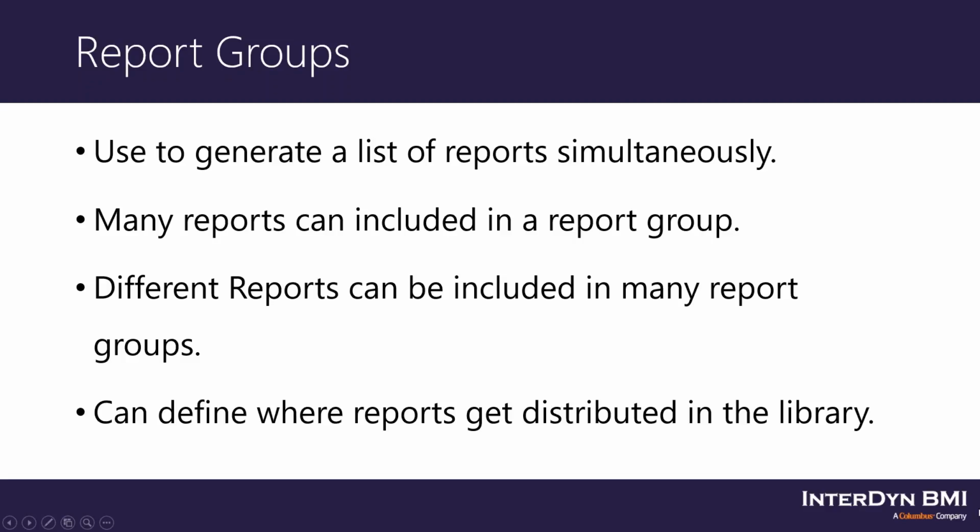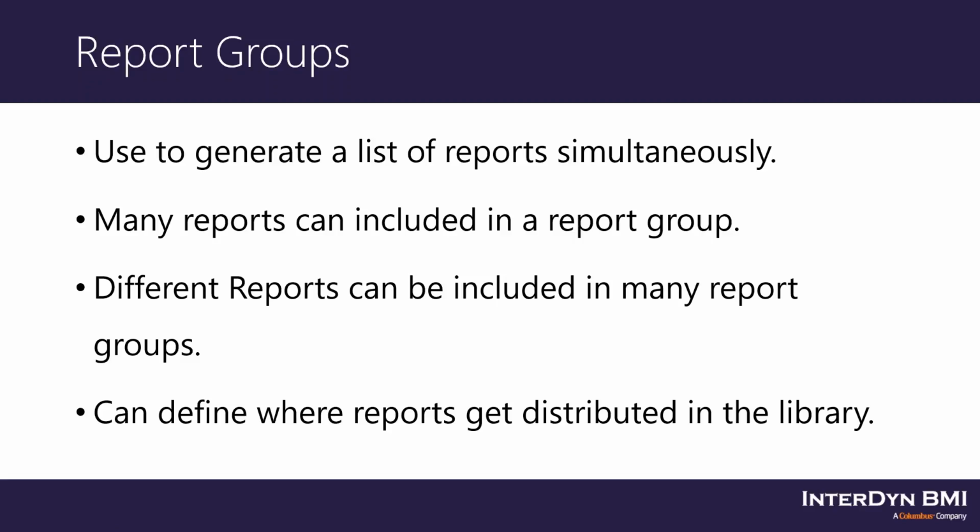Report groups are nice because, remember I was talking about being able to publish reports to a particular folder in the library. Well, it's all great to have all of these different folders in the library to be able to publish reports to. But who wants to go through 50 reports and have to change the path of where that report is going to save every time you want to generate it?